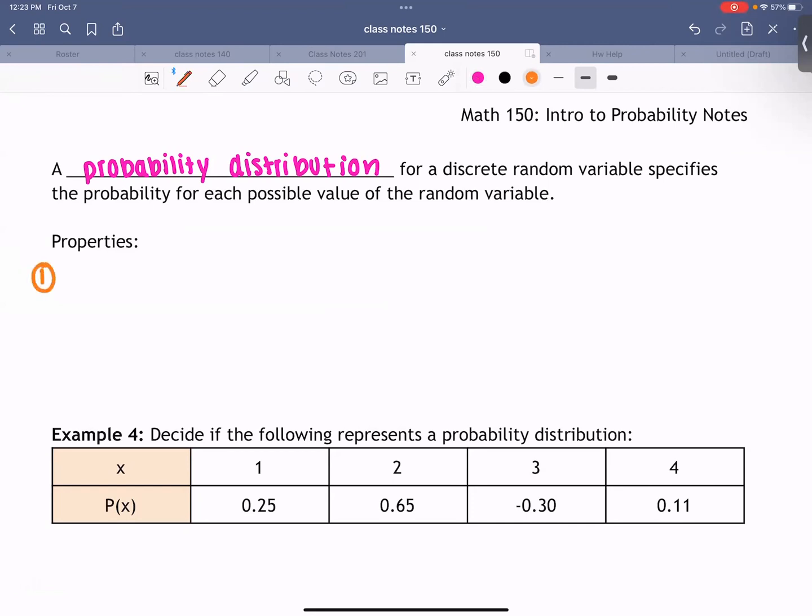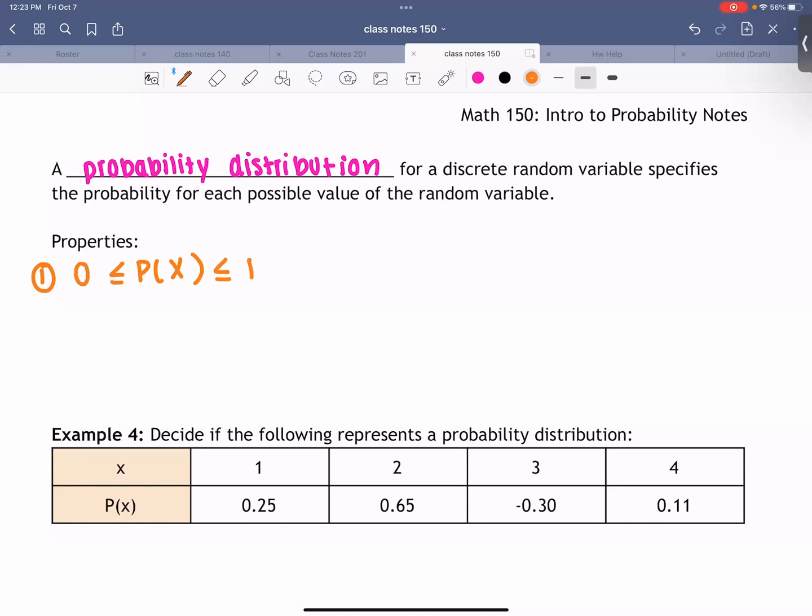The first property of a probability distribution is when I look at my probabilities, all of them have to be between 0 and 1. I can't have a negative probability because that wouldn't make sense. And I can't have something that's like 105% going to happen. So the way I'm going to write this is I'm going to take my probability of X for now, and I'm going to sandwich this between 0 and 1.